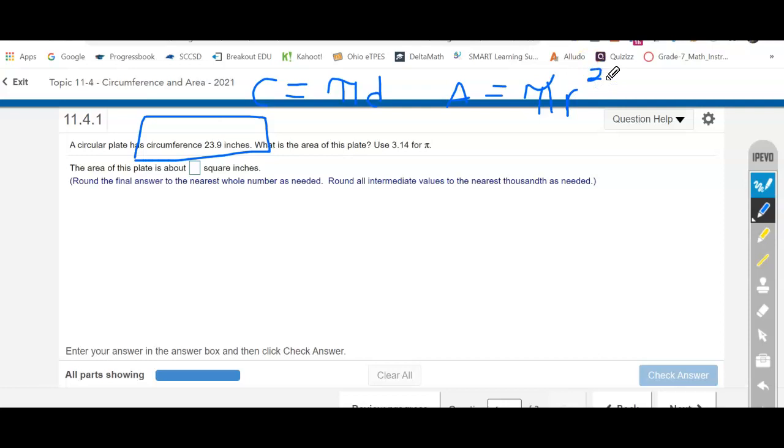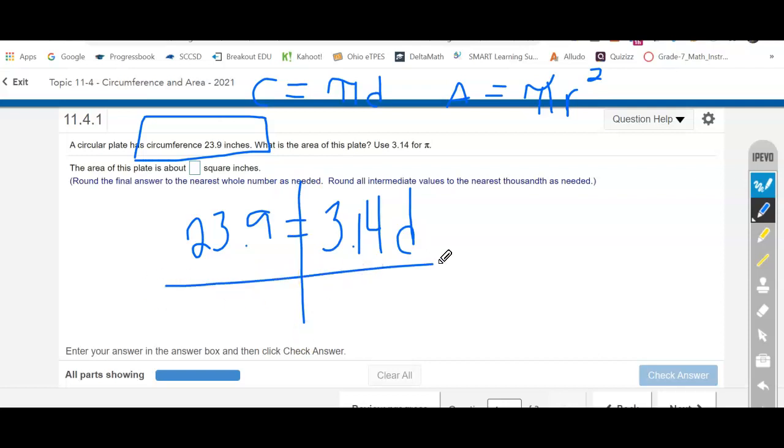Okay, so we are going to plug in 23.9 for C, 3.14 for pi, and we've got to solve a one-step equation to calculate what the diameter is.